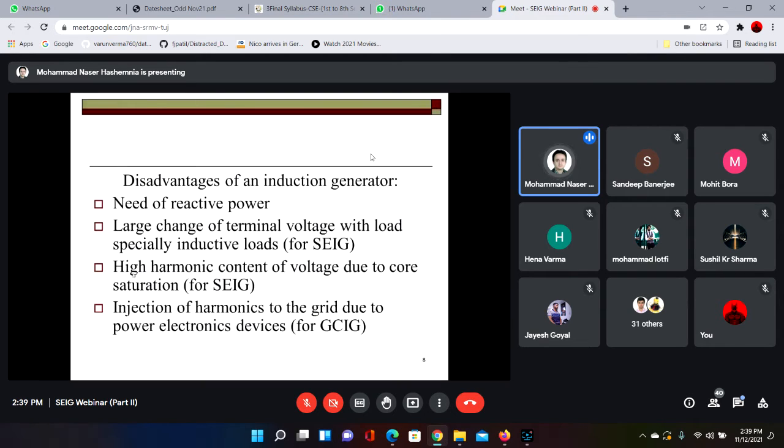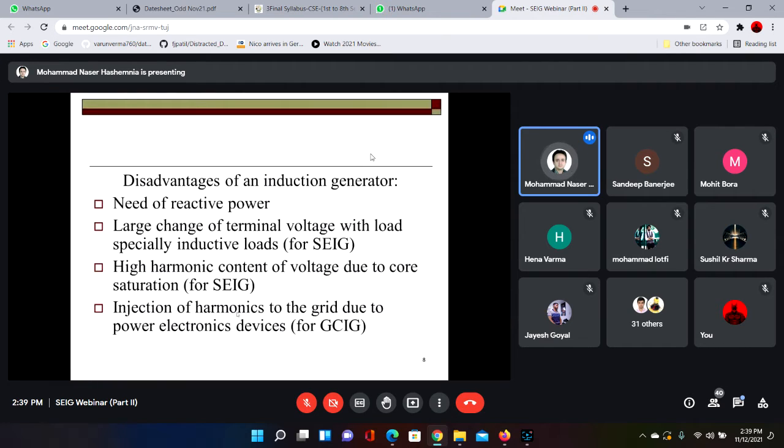Also, due to saturation of the core of the machine, it is inevitable. We should have saturation to have voltage build up, but this saturation leads to high harmonic content of voltage. And in case of a machine which is connected to the grid, there is injection of harmonics to the grid, of course, when we use power electronic devices. The first one is the case for the self-excited induction generator, in which the core is saturated.